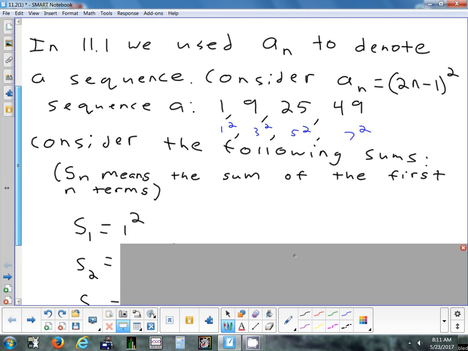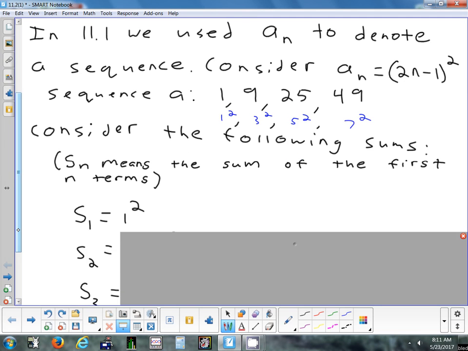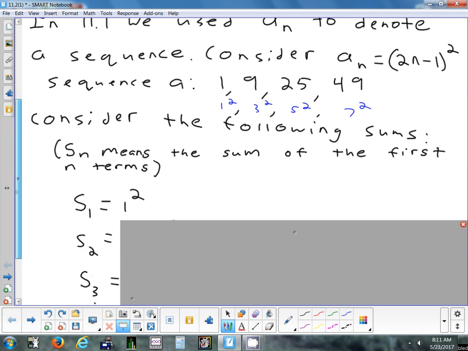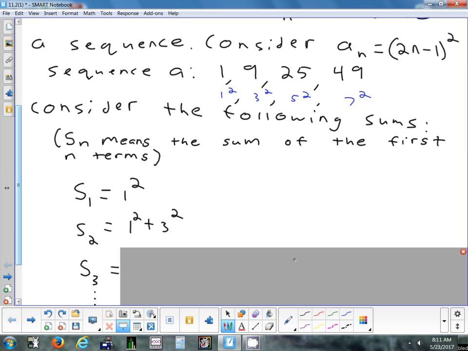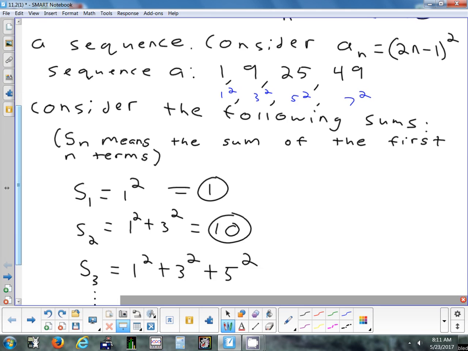Okay. Now if I want to look at S sub 2, I go back to my sequence, and I would find the sum of the first 2 terms, which would be how much? 10. Right, so we could kind of simplify this. We get 1, 10. S sub 3 would be the sum of the first 3 terms. 1 squared plus 3 squared plus 5 squared, which would be how much? 35.